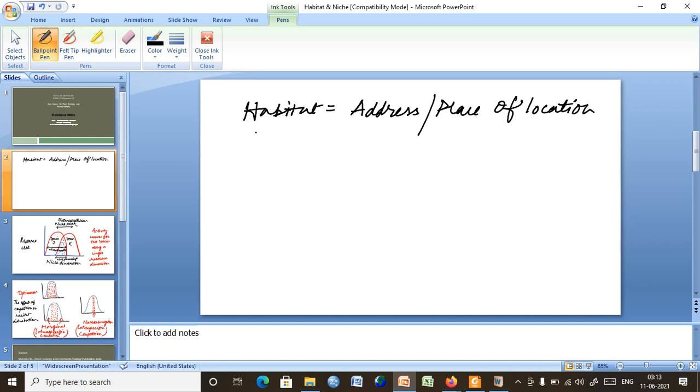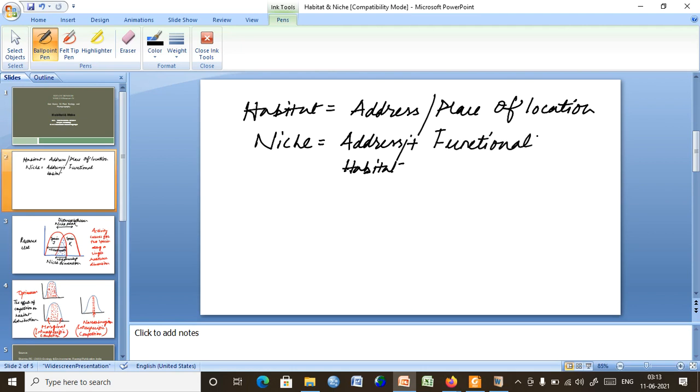Now the next term, niche, that is the address or the habitat along with the functional role played by that organism, after interacting with the various environmental gradients.